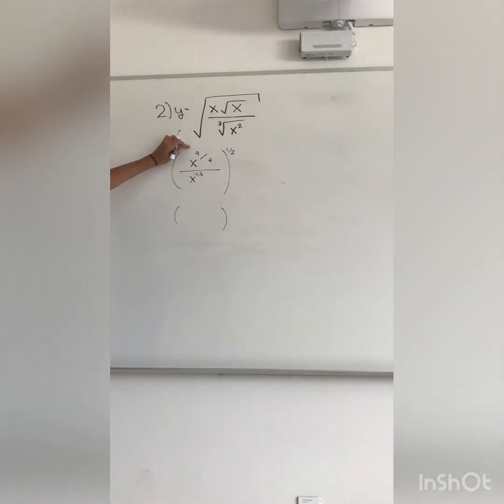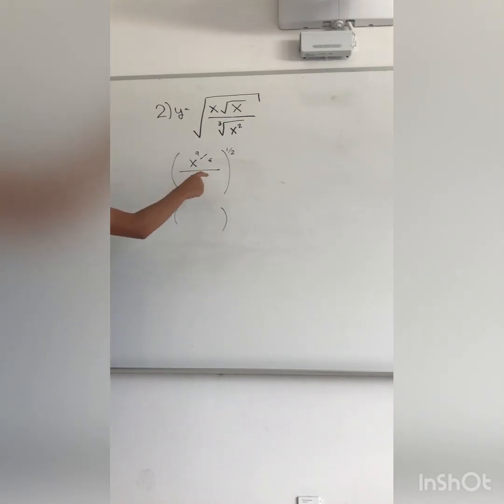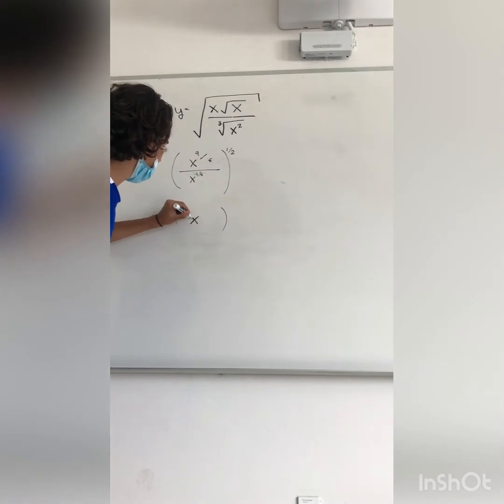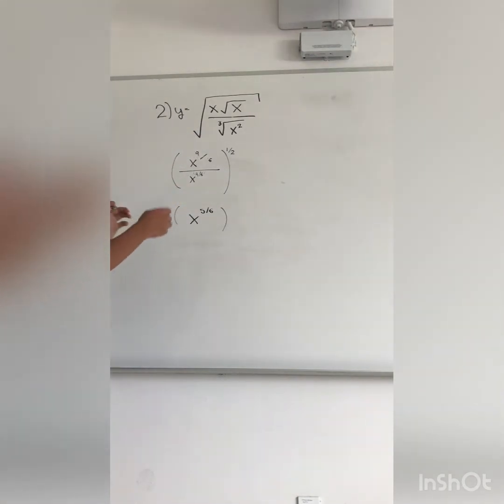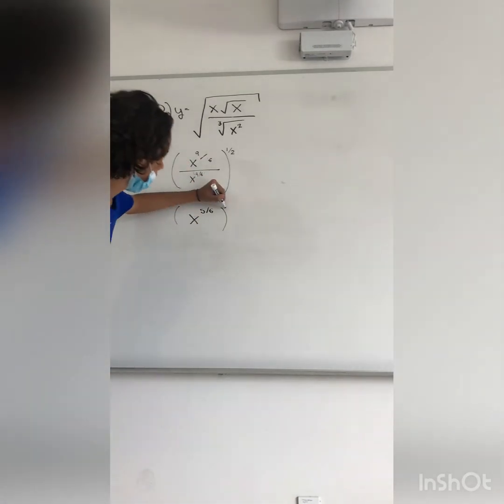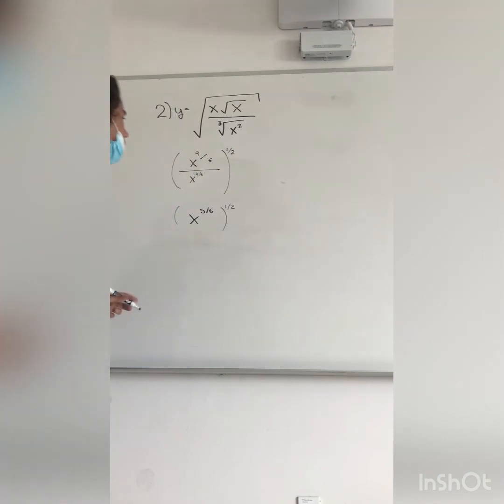So now we can assume that it is x to the 9/6 divided by x to the 4/6. So it's x to the 5/6, because 9 minus 4 is 5. This is everything to the 1/2.